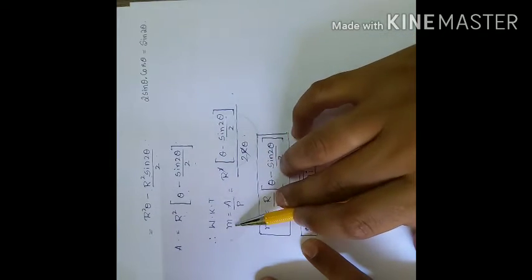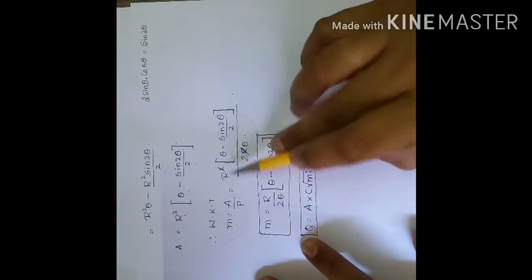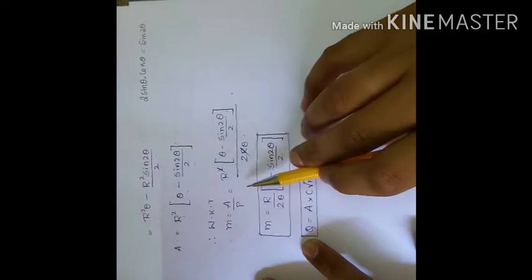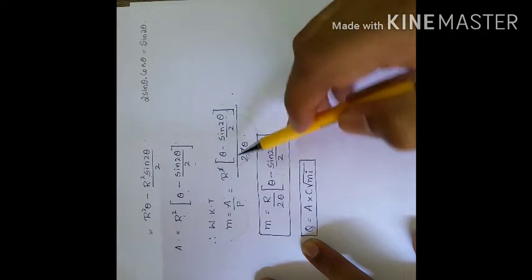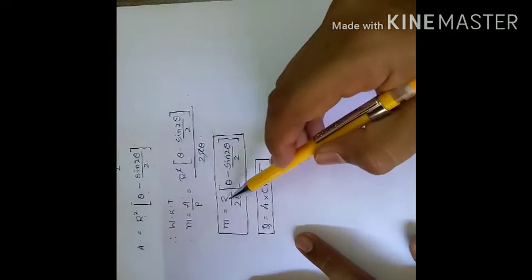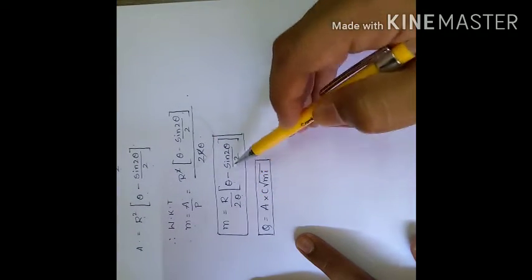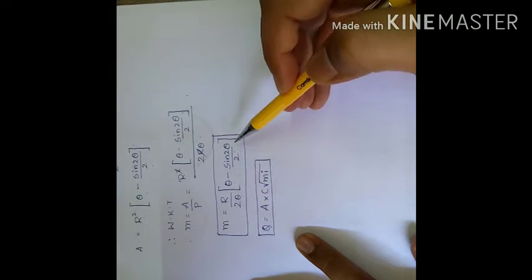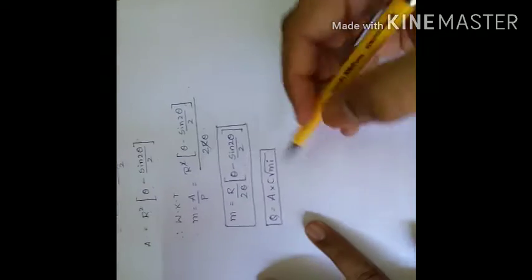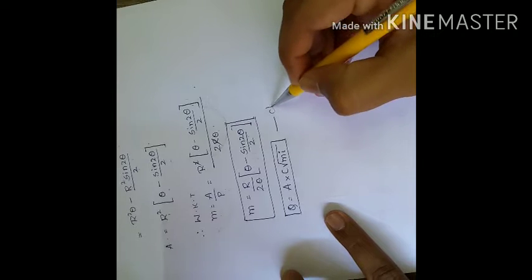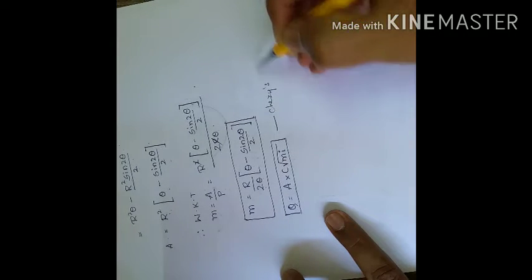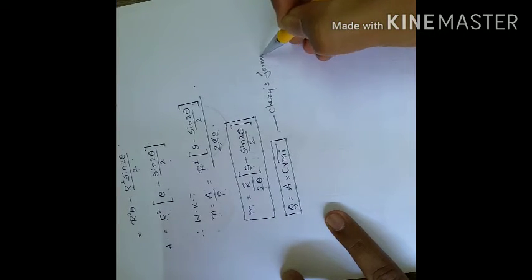So we know that m is equal to A by P. Area is already written, and P, that is the wetted perimeter, is 2R theta from the previous. Cancelling R, the remaining will be R by 2 into theta minus sin theta by theta. So this Q is equal to AC root mi. This formula represents the Chezy's formula.